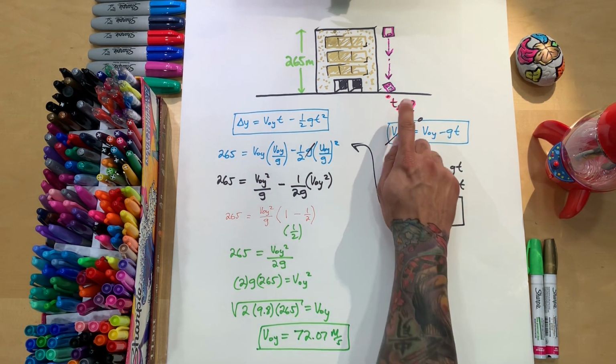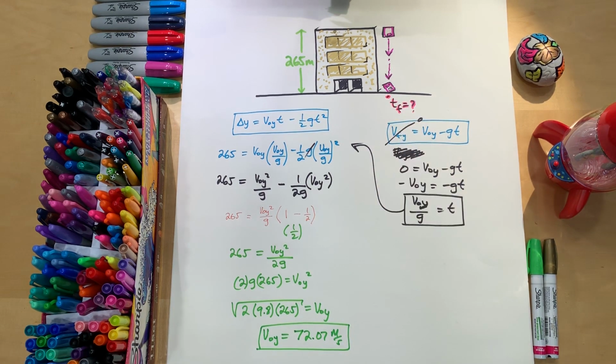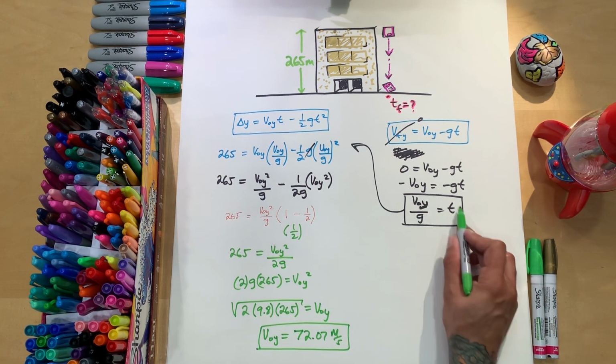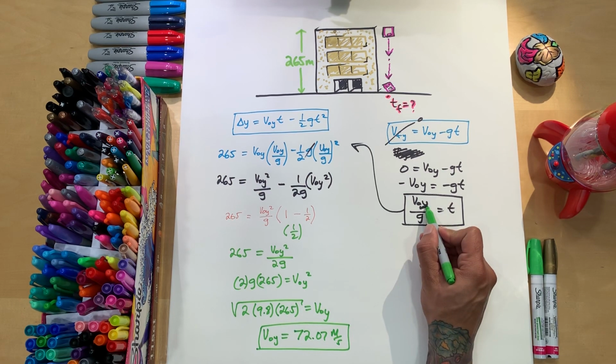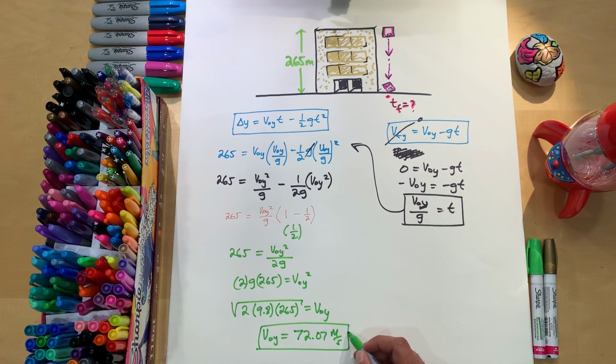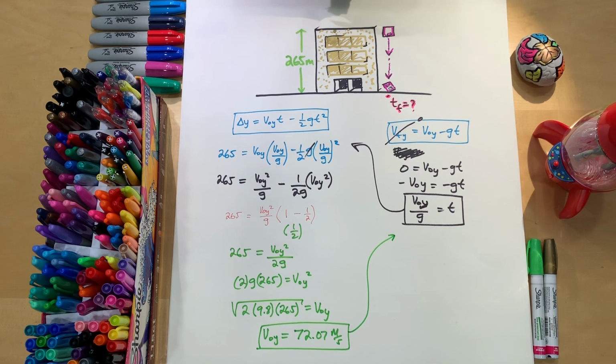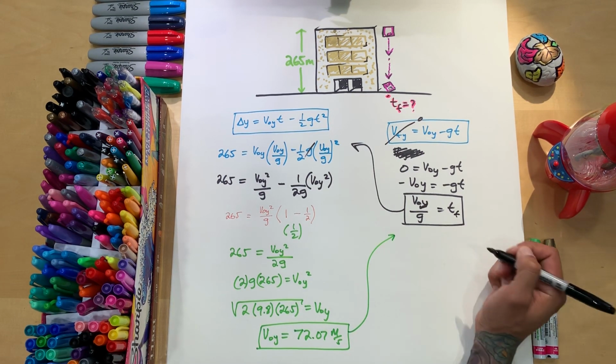Okay, so what was the question? The question was, what's the time final? Well, we found something, and now we can use that velocity initial in the y for the first equation that we set up with the ugly y there. So we're gonna go back here, plug it in now, and get our time final.